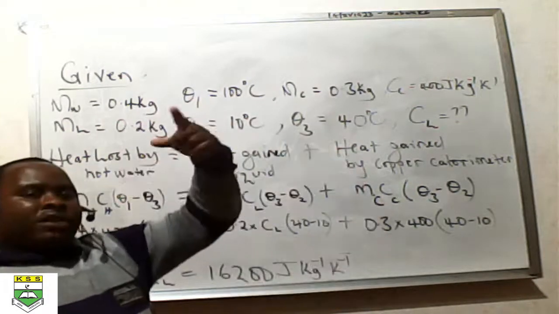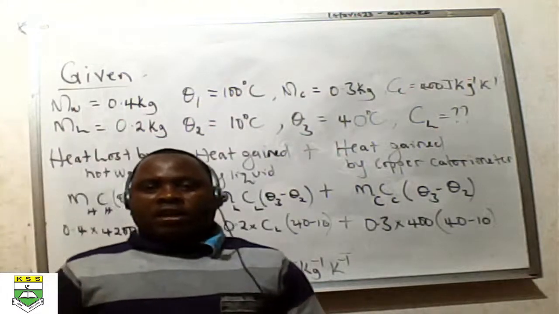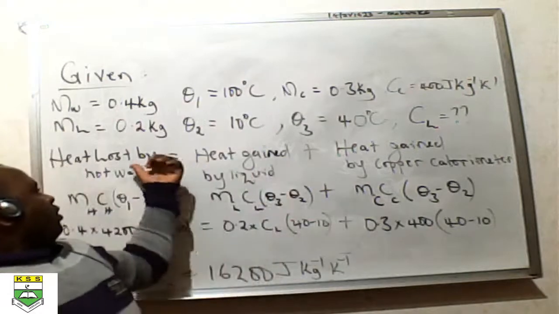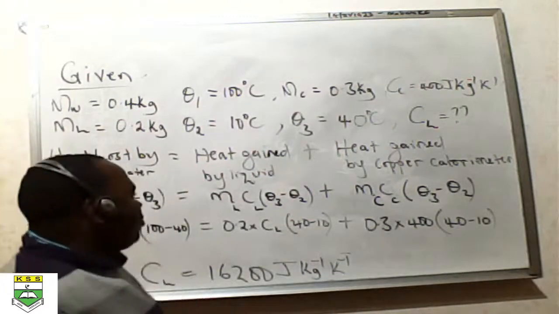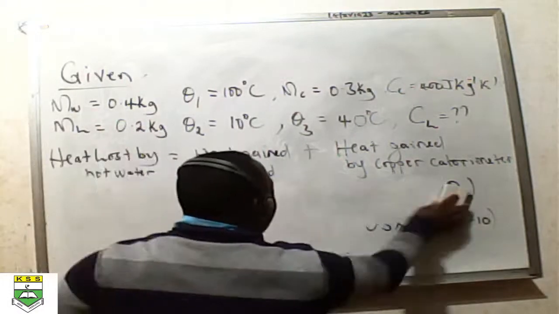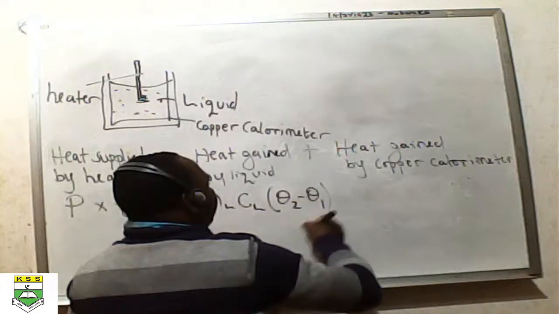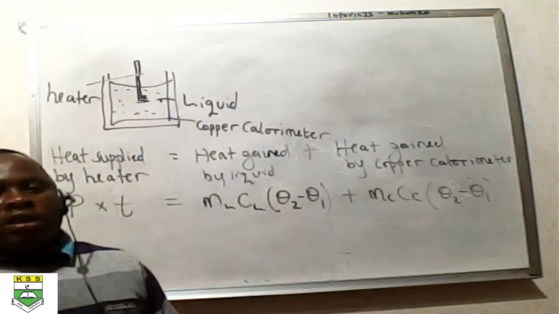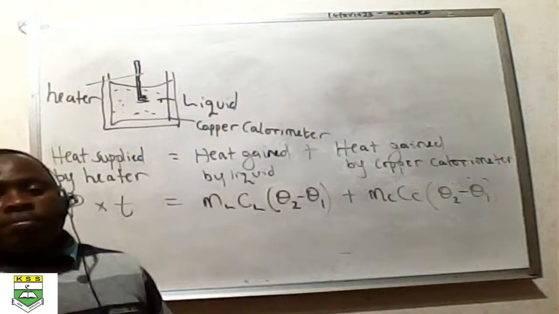That is, if the liquid is in a copper calorimeter. So the heat supplied by the heater is equal to the mass times specific heat capacity times theta 2 minus theta 1, plus the mass of the calorimeter times its specific heat capacity times the temperature change.